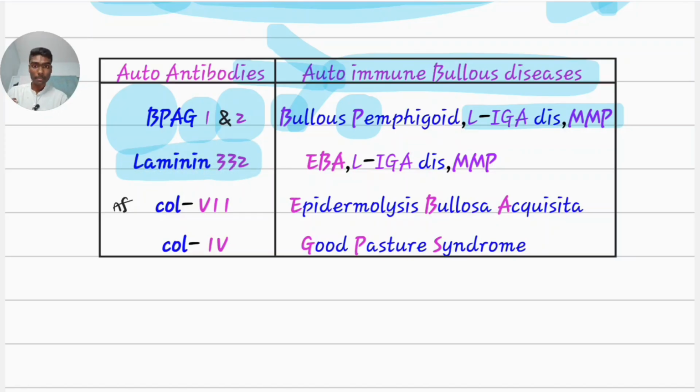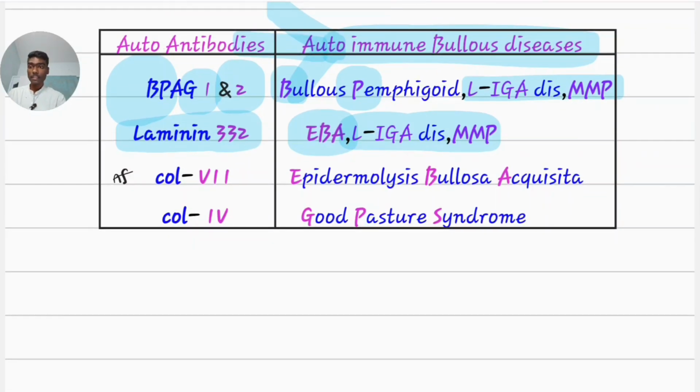Anchoring filament. It will lead to epidermolysis bullosa acquisita, linear IgA disease, and mucous membrane pemphigoid. If autoantibodies are formed against collagen 7, it will lead to epidermolysis bullosa acquisita. When I was writing my final theory exam, I got this question, epidermolysis bullosa acquisita.